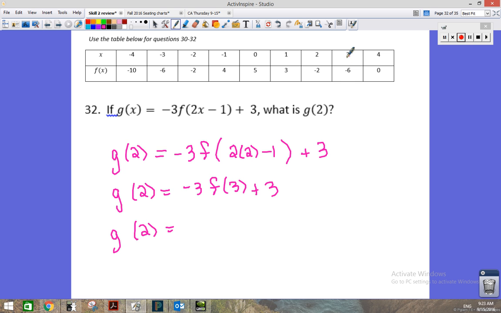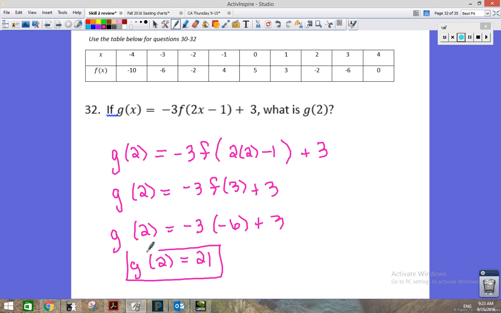And I think it does. f evaluated at 3 is negative 6. So I've got negative 3 times the negative 6 plus 3. So 18 plus 3 is 21 if I've done my arithmetic correctly. So I think that's it for this video.